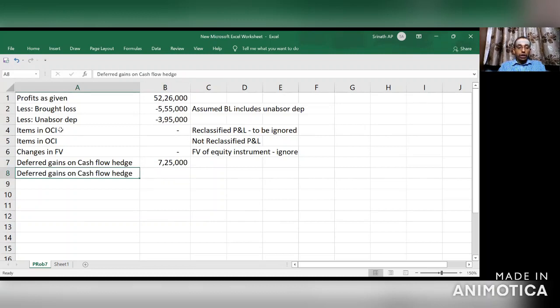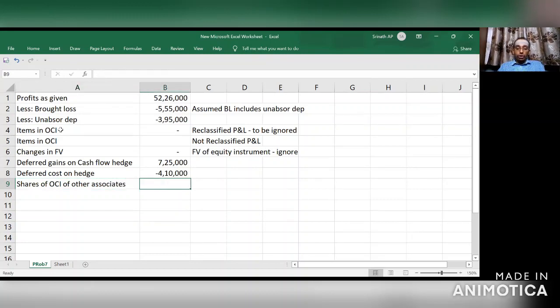Deferred cost on hedge is an item of debit, therefore it has to be reduced: 4,10,000. Share of OCI of other associates is an item of credit, so you have to add 3,20,000.